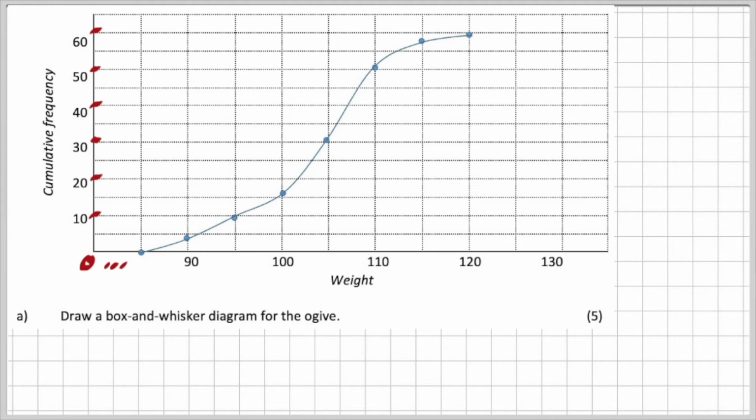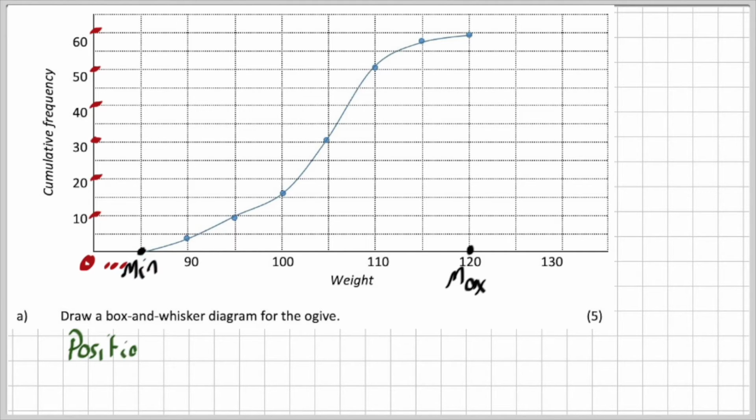Let's start with our minimum. Our minimum is at 85. And our maximum is going to be there at 120 because there's nothing that goes above 120. Then I'm going to start looking for my median. I love to start looking for the median, but I need the position.